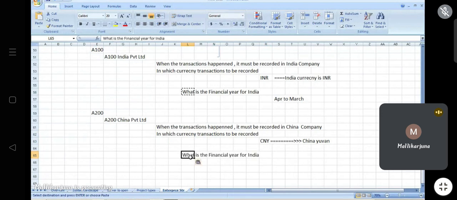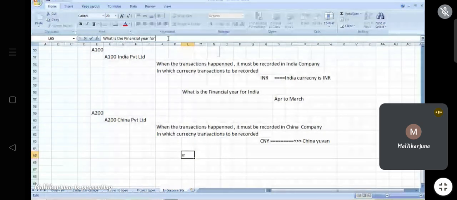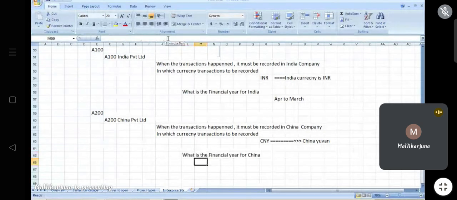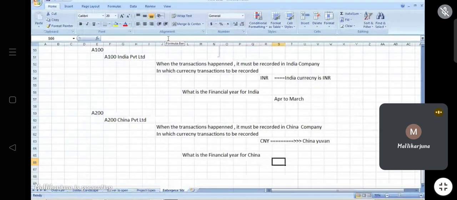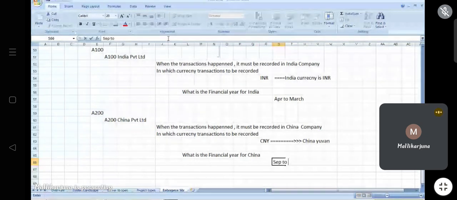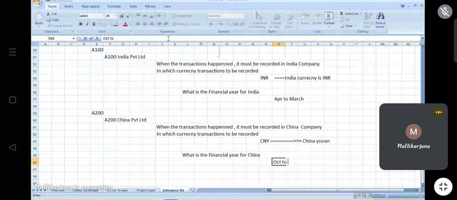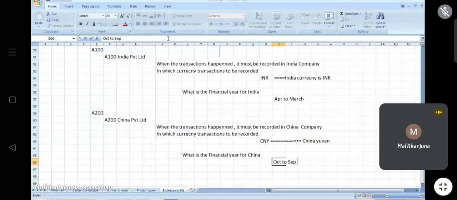Let's say China is following October to September. So this is the financial year. That means the China company code is going to prepare the financial statements by following the October to September financial year.